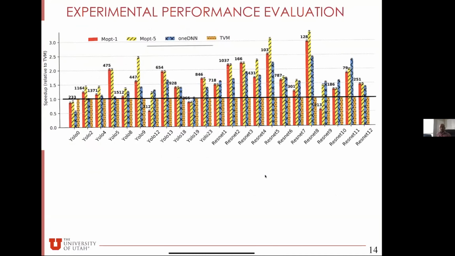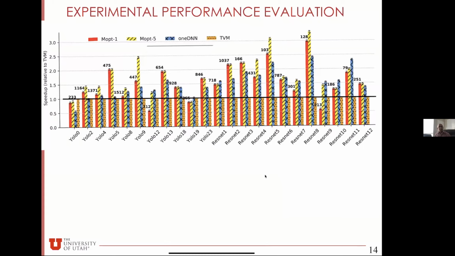So here is the performance results. I can't recall whether this was an 8-core. We have results for an 8-core system and an 18-core system in the paper. So this is one of them.